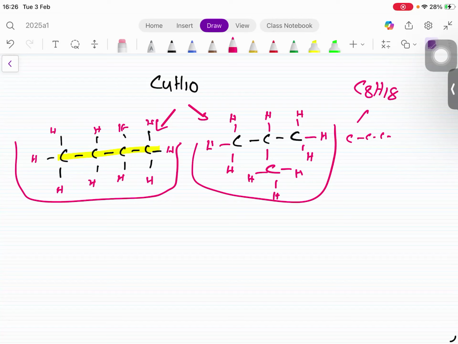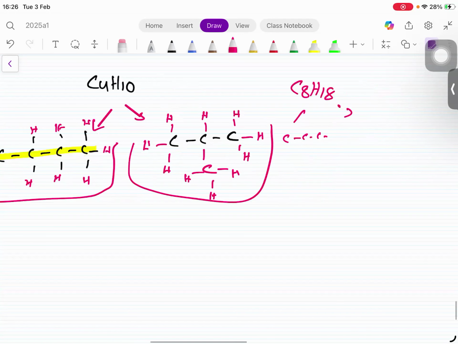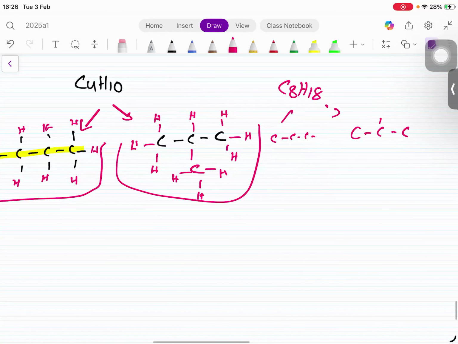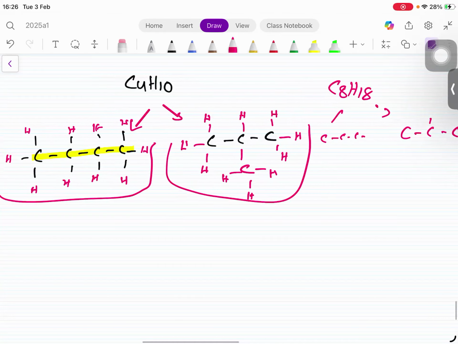On the other hand, the one which you guys buy, the rich people, the one with the high octane, that is the one with branches. So 5 carbon in the chain and the rest of the 3 are in the form of branches. So what I'm trying to say is that one misconception you must not have anymore: structural isomers, the two different structures, are two different compounds.